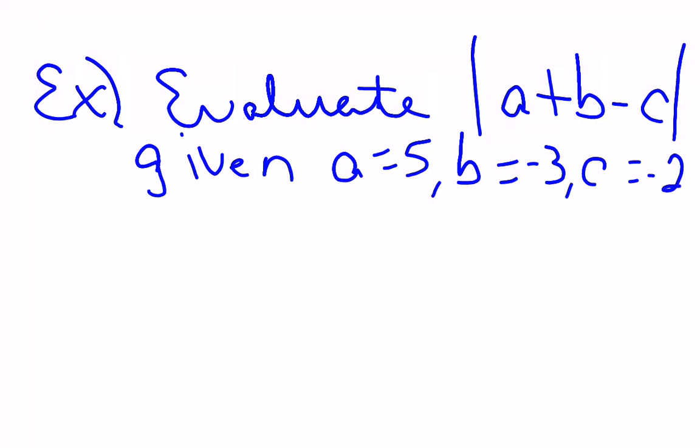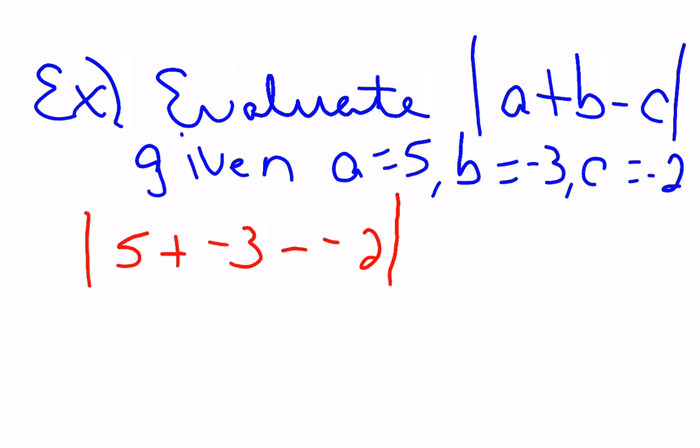All right, so our first steps here are to plug in the values where they go. So we have the absolute value, A, which is 5, plus B, which is -3, minus C, which is -2.